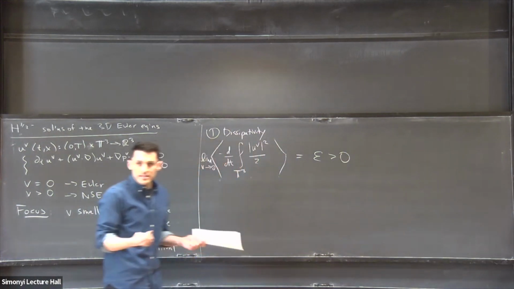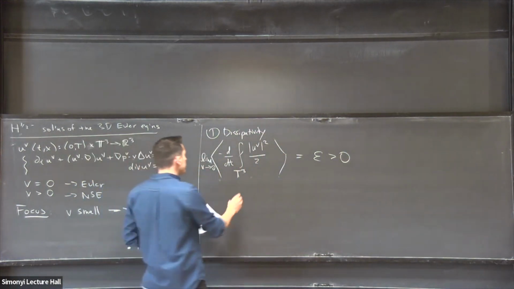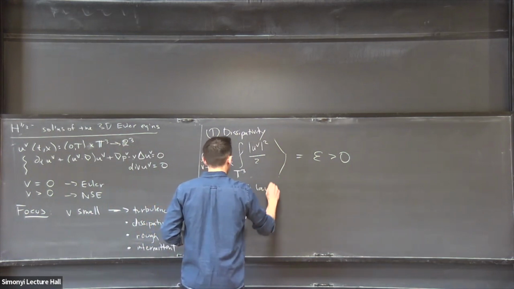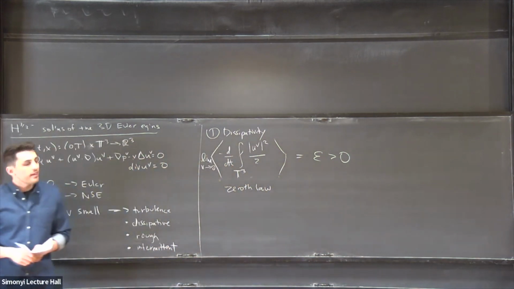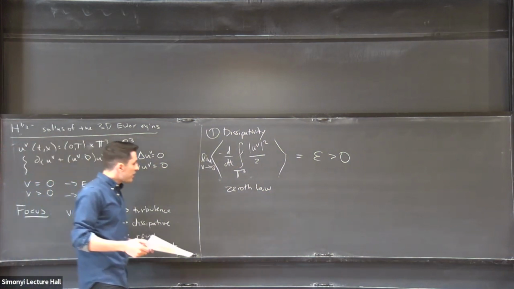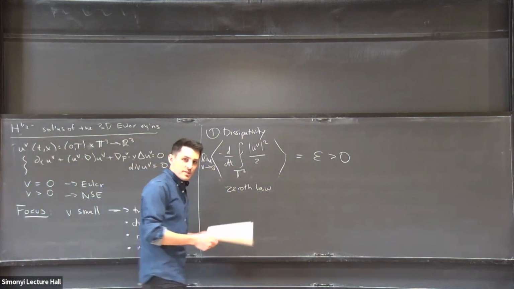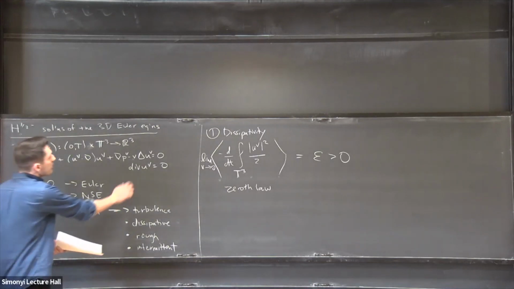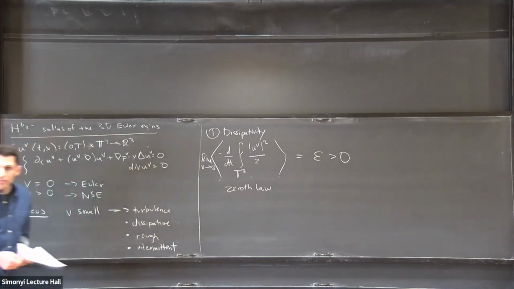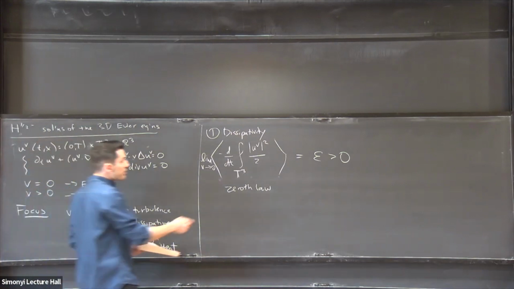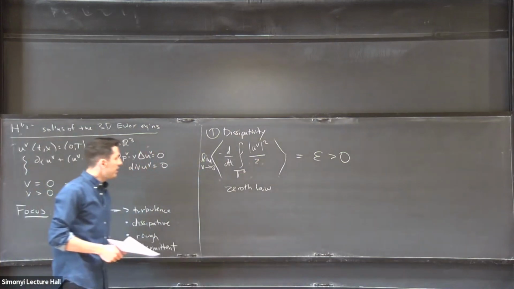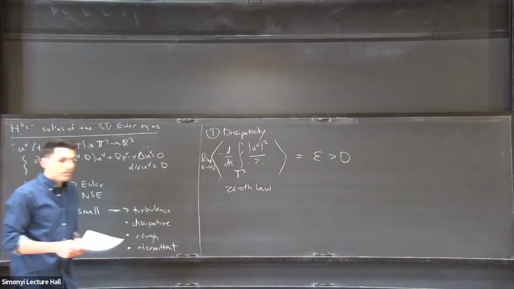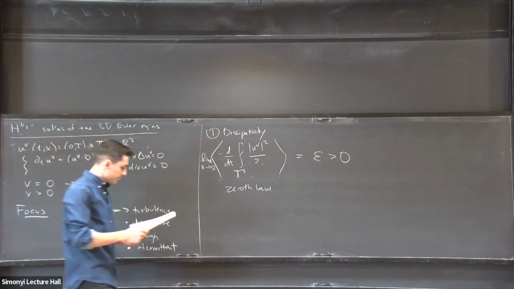And this is the zeroth law of turbulence that Hyunju mentioned a couple weeks ago. And as we saw, this may be somewhat surprising because, at least formally, solutions to the Euler equations, so without the dissipative term here, should conserve this quantity. And so this is saying that we actually expect to see dissipative solutions in the inviscid limit.